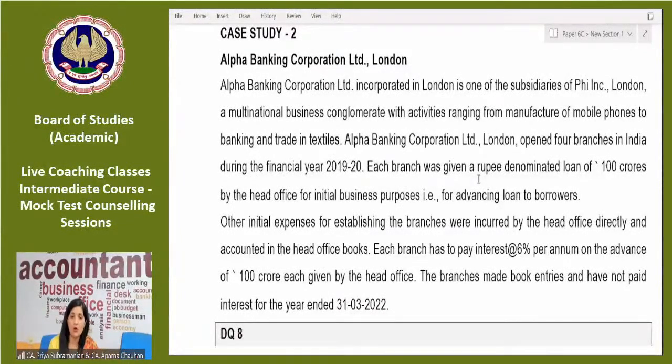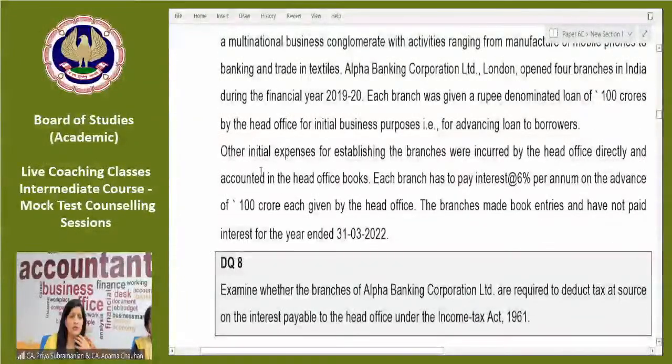The foreign company is a non-resident, so the branch would also be non-resident. Other initial expenses for establishing the branches were incurred by the head office directly and accounted in the head office books.